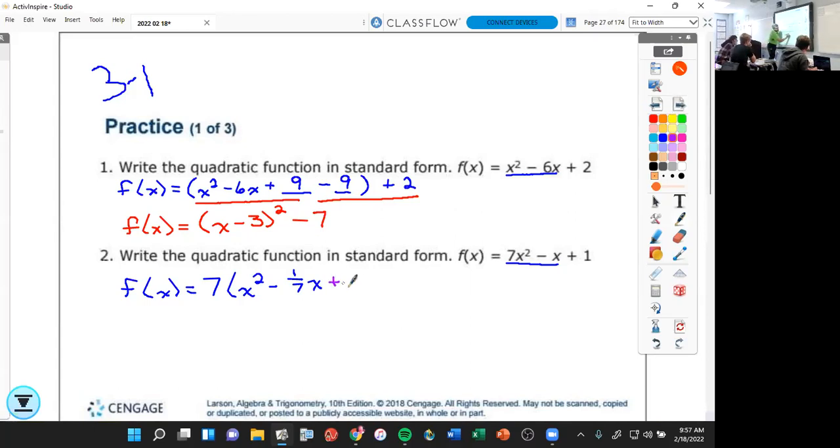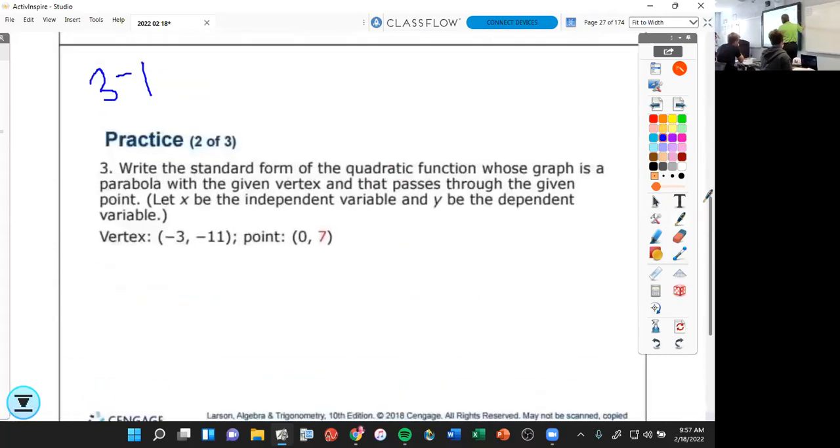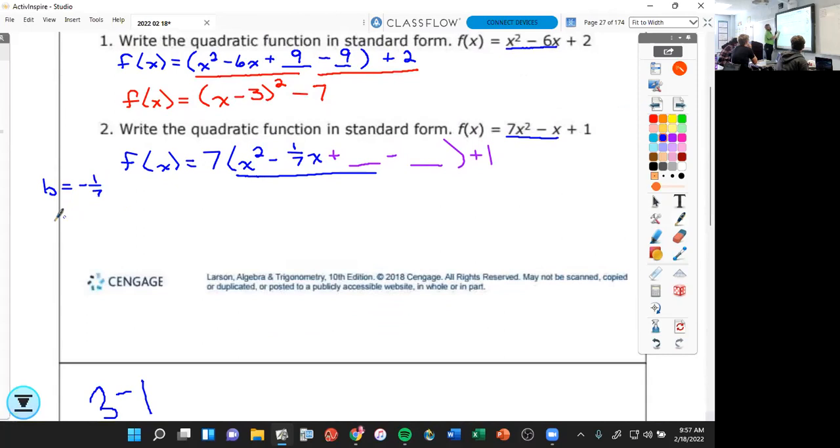To complete the square, I'm going to have to add something. But because I add something, I have to subtract something. And here's my +1. I'm completing a square on this, folks. What is my b? -1/7. What is half of that?